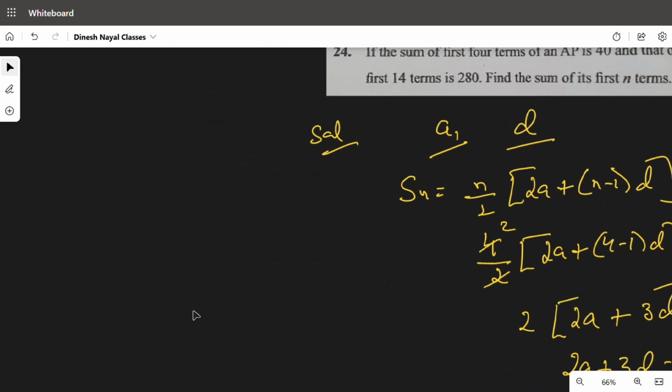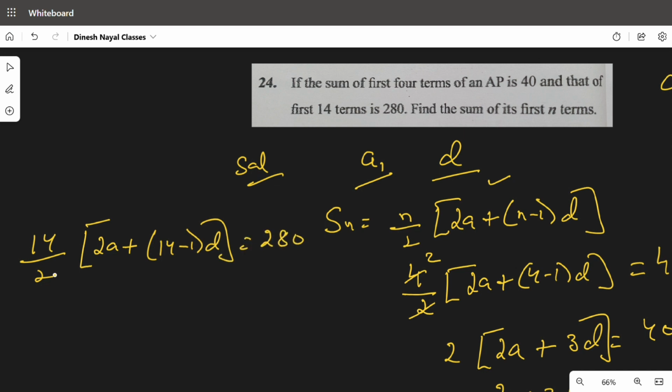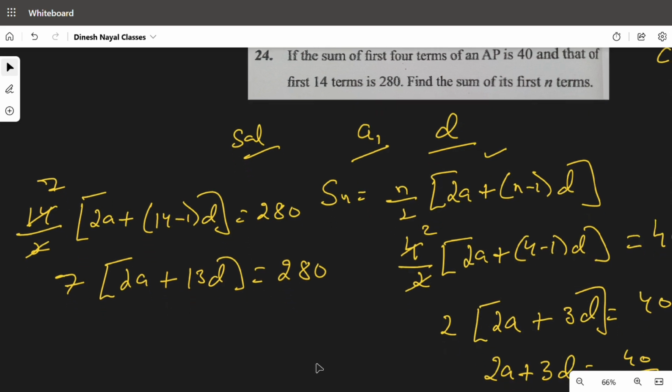Now let's write the second equation. The sum of 14 terms is 280. Again substituting in the same formula: 14 by 2 times (2a plus (14 minus 1) times d) equals 280. 14 by 2 goes 7 times, so 7 times (2a plus 13d) equals 280.